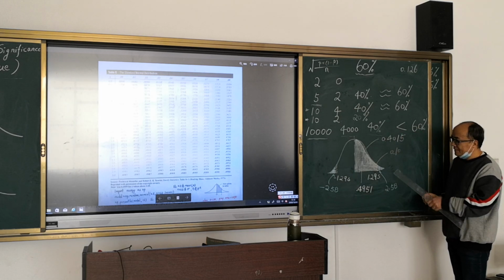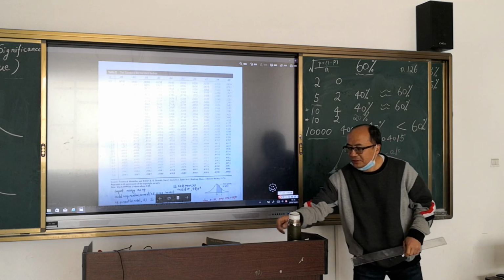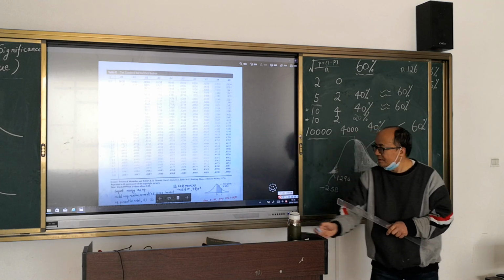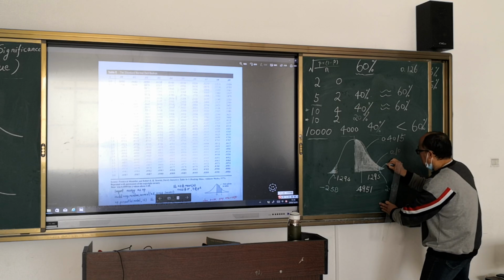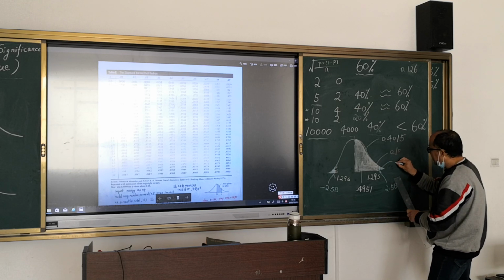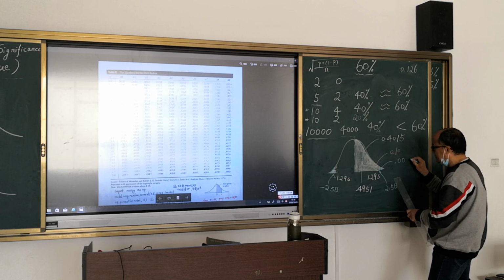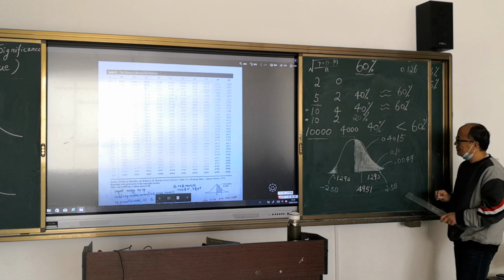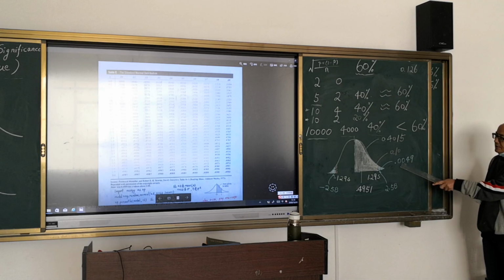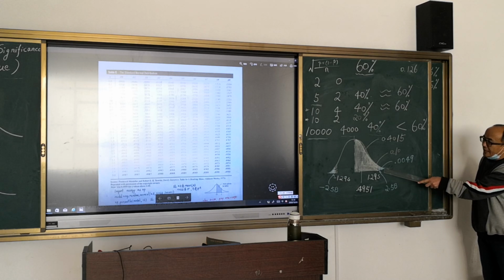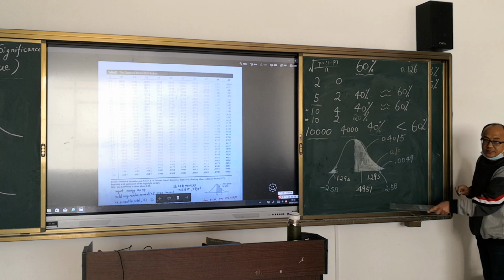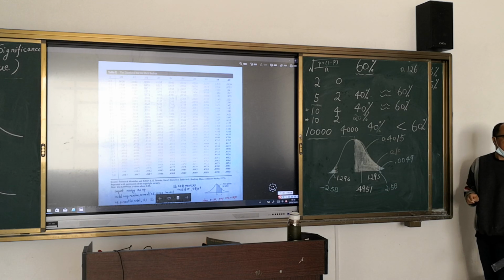And how much is left for this blue? It's very small. It's 0.0049. This is a tiny bit of blue, and this is 0.5.